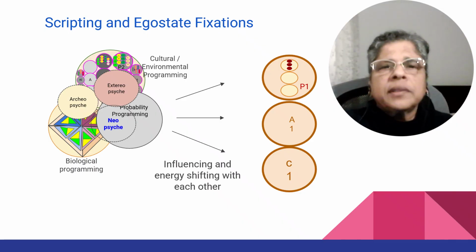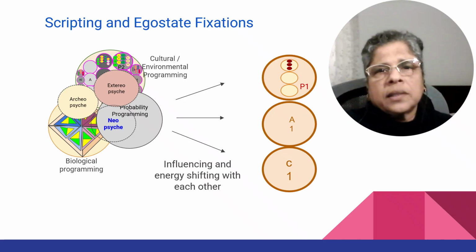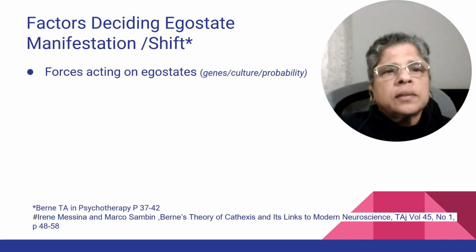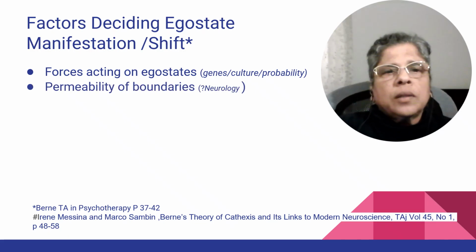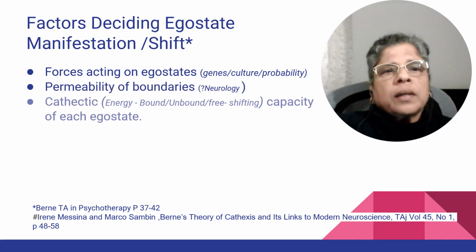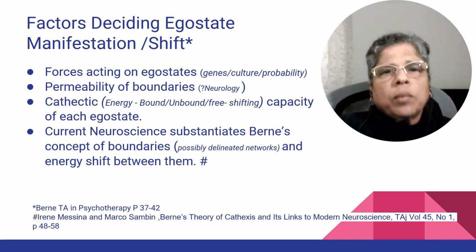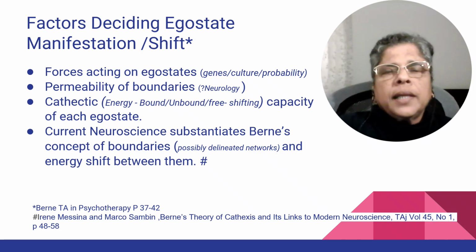Ultimately, the manifestation of a person is an outcome of all these interactions. These are the forces which Byrne says act on the ego states: the genes, the culture, and the probability capability primarily. Then he implies a permeability of the boundaries of the ego states.